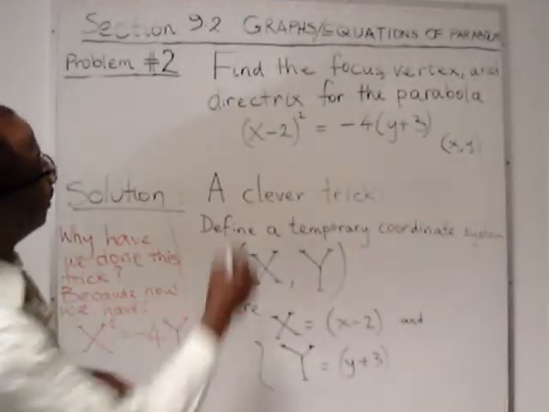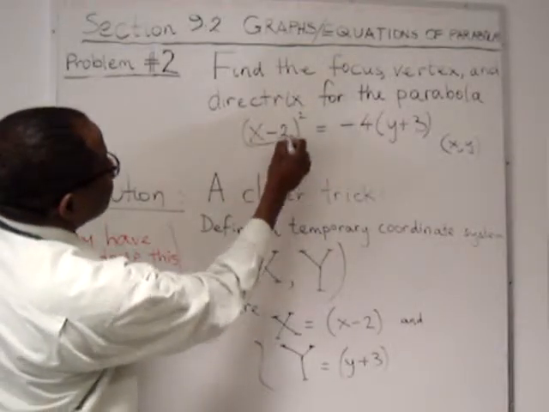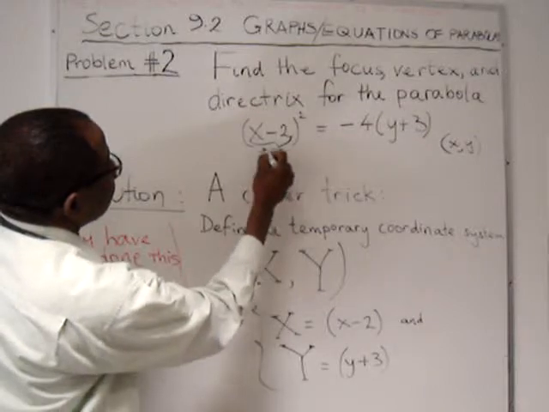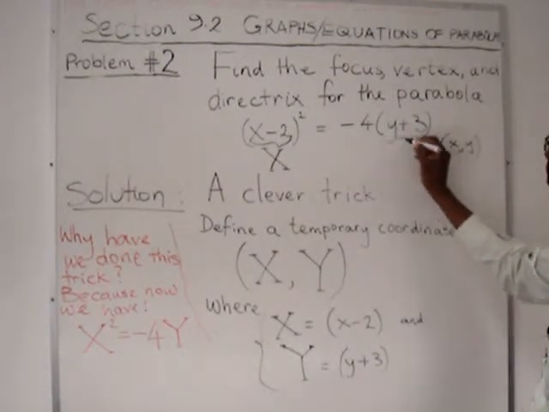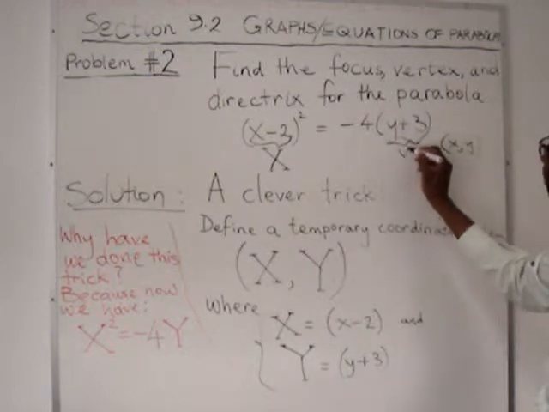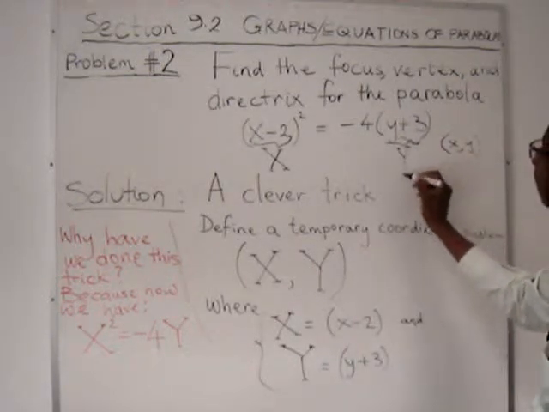Why? Because this is an x minus 2 in here, so I'm making this my capital X. This is y plus 3 in here, I'm making this my capital Y.